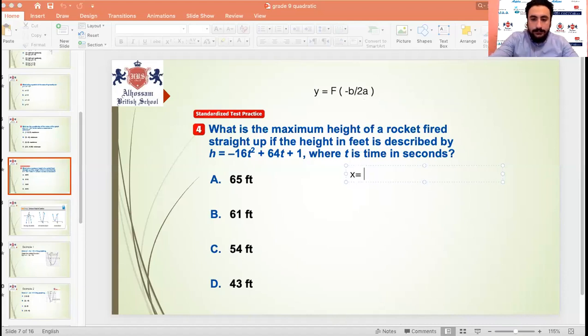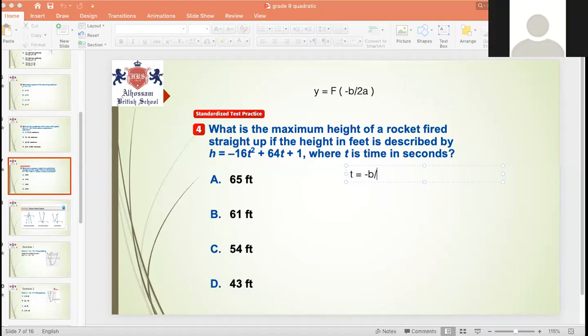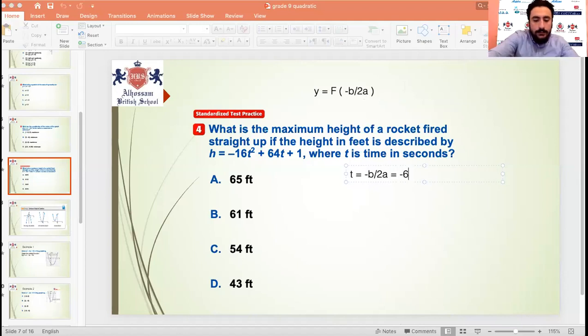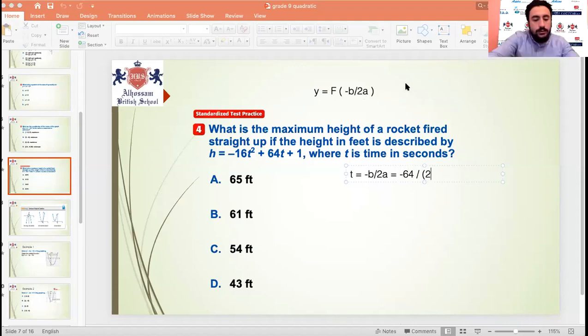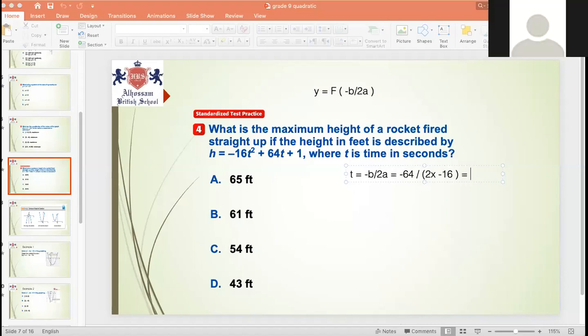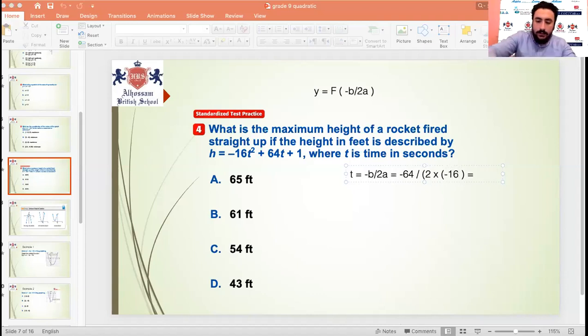So t equals negative b over 2a. Negative b will be negative 64, and then it will be 2 times negative 16. 2 times negative 16 equals negative 32.